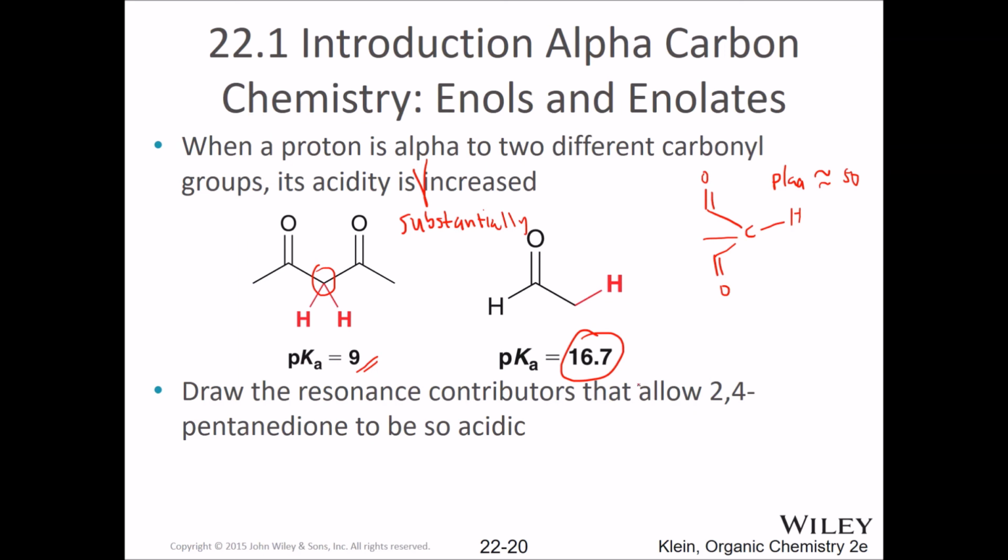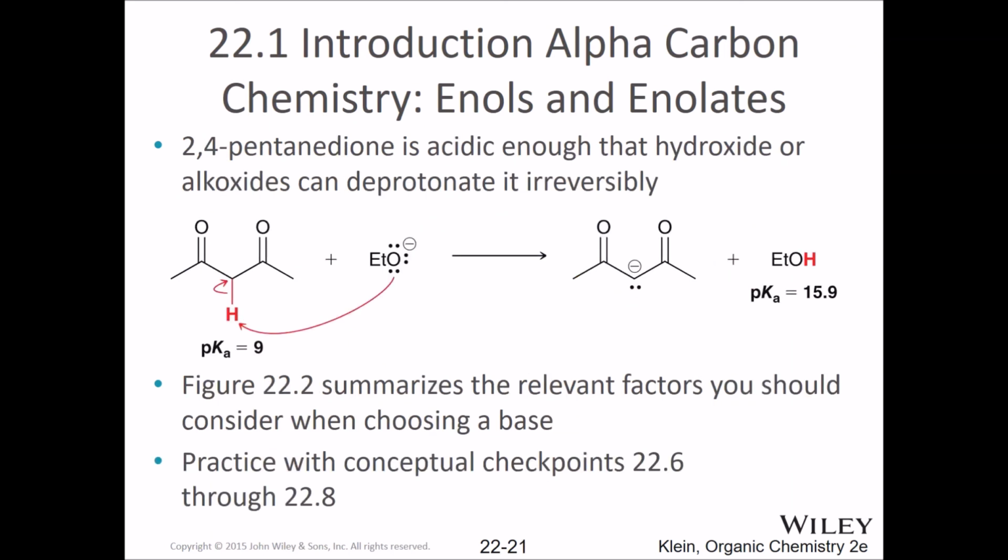Okay, so draw all the resonance contributors that allow 2,4-pentanedione to be so acidic. Draw those out. This will really help this concept sink in. 2,4-pentanedione is acidic enough that hydroxide or alkoxides can deprotonate it irreversibly, as you would expect. Just exactly what we were saying a second ago, right?